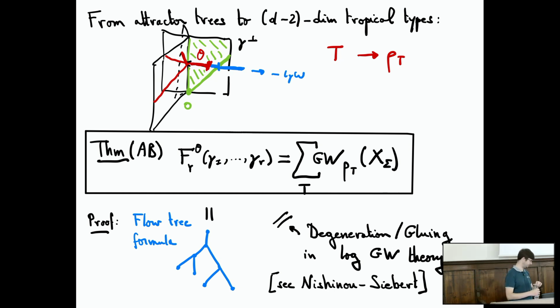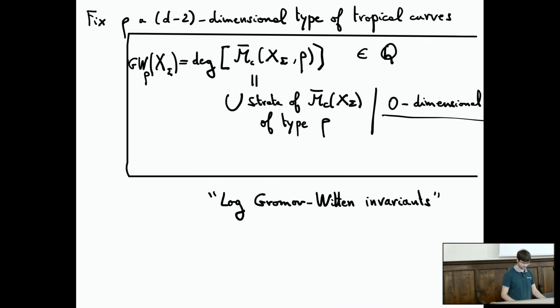Could you comment on how you define the Gromov-Witten invariant as a degree of the cycle? Yeah, that's right. Here there is an honest stack of the expected dimension, and it's a zero-dimensional stratum. You just live in degree 0 homology, and I just take the degree of that over this proper moduli space.